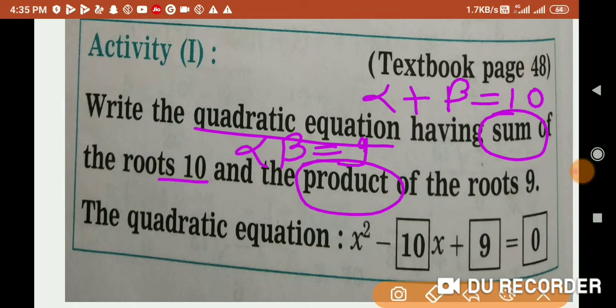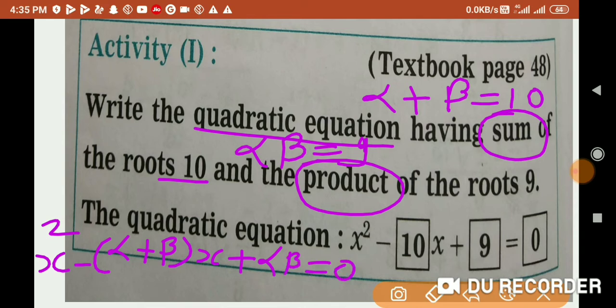Now we know that x² − (α + β)x + αβ = 0. This is the form for obtaining a quadratic equation when we know its roots. Now only substitute the values of α + β and αβ in the boxes.